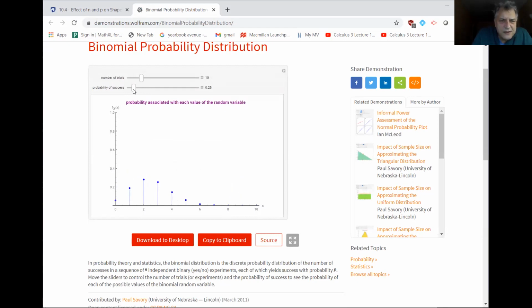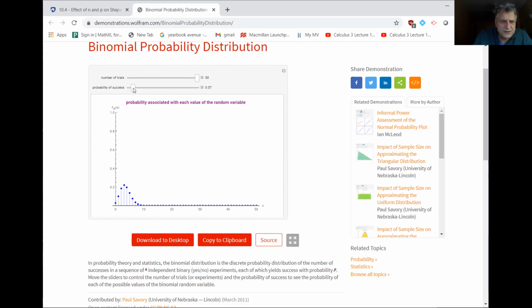Okay, I want to make p small, like here, p equals 0.07. If n is small, then no way does that look normal. But let's see what happens if I increase the number of trials. Even if that p is really small, it's starting to look more normal.